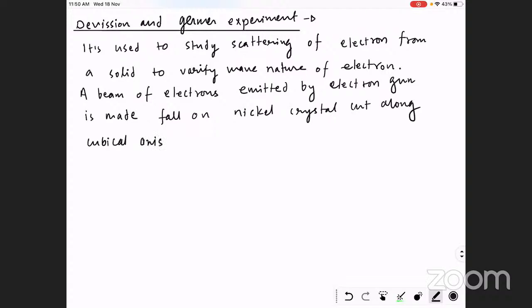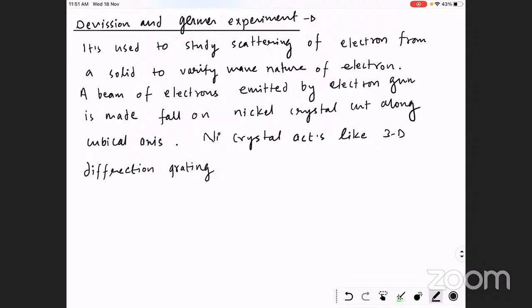I'll try to explain this, but you need to have some patience. Nickel crystal acts like a three-dimensional diffraction grating. Copy this much.